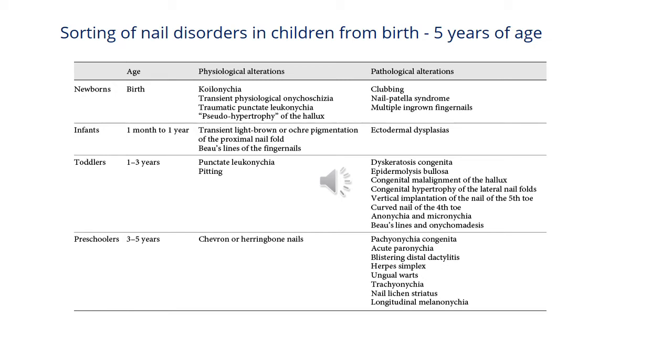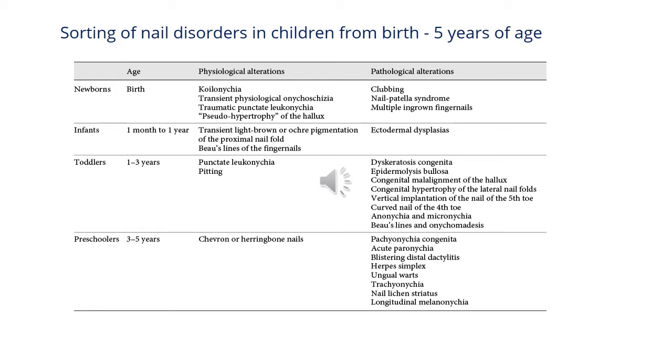Pathological conditions in the newborn, you may see clubbing, which usually is familial and inherited because the acquired needs several months to develop, nail patella syndrome, and multiple ingrown fingernails.